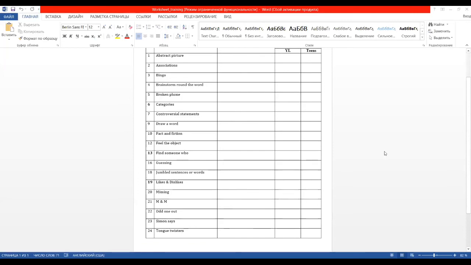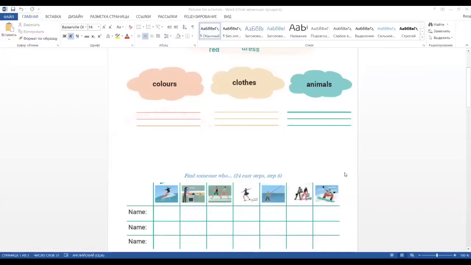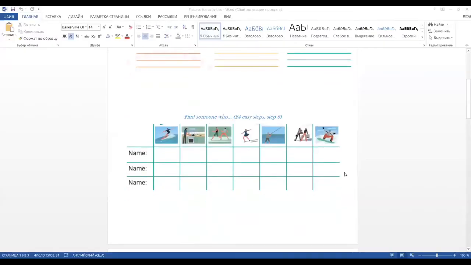And find someone who. Well, I suppose that a lot of us did this activity. It can be done in different ways and variations. You can ask your students to write their own questions on the topic that you're discussing. You can actually give them the words that you want them to use.